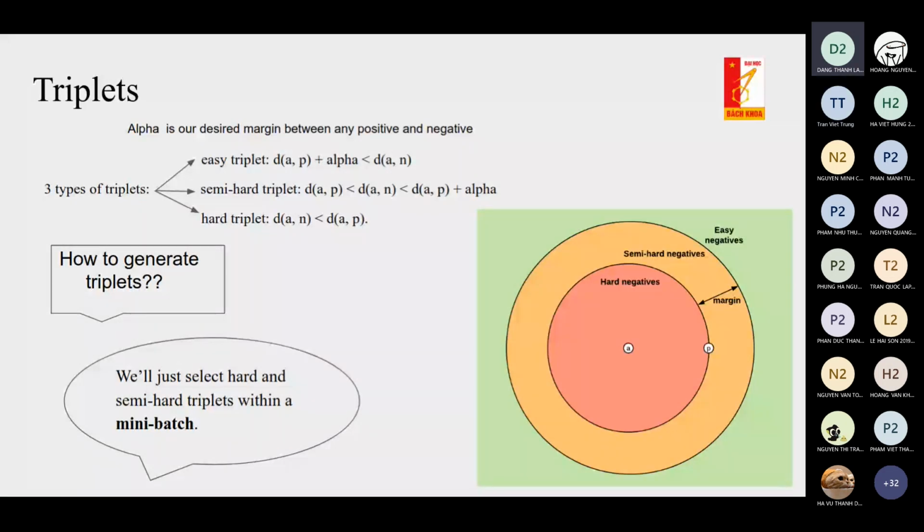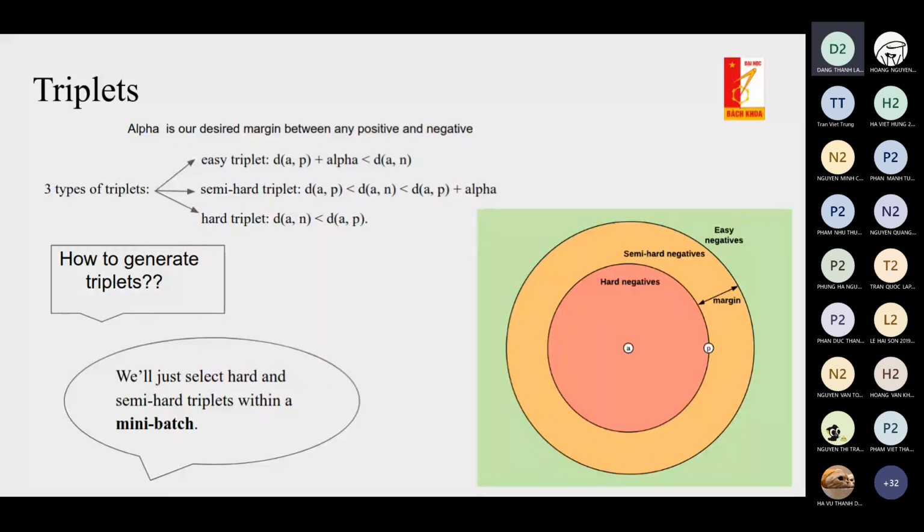Okay, so hard triplet means that the negative lies in the area of hard negative, and semi-hard is the way we call it based on the position of the negative for the triplet. Okay, let's move on.